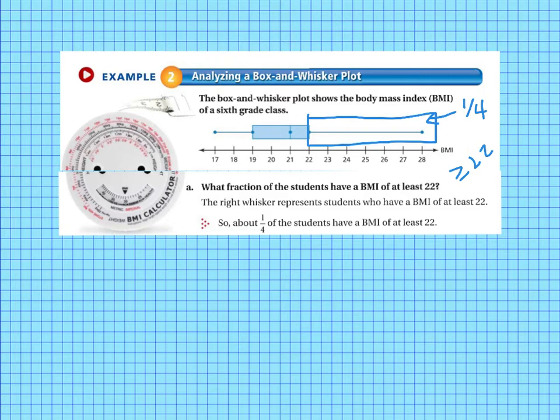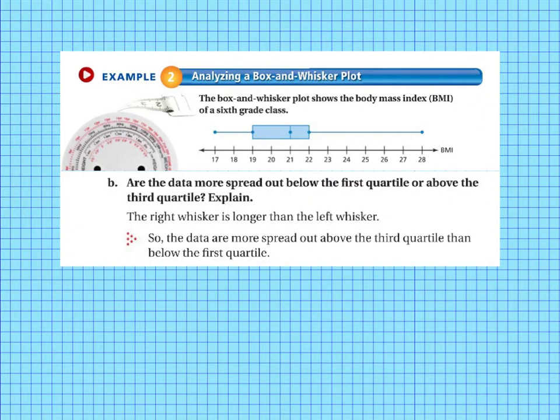So the right whisker represents students who have a BMI of at least 22, so about 1/4 of the students have that BMI. So when you're looking to write your steps in, your step is to find 22 and see what fraction it is of the box and whisker plot.